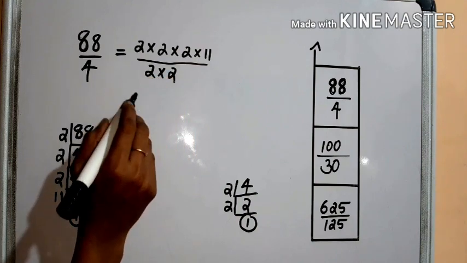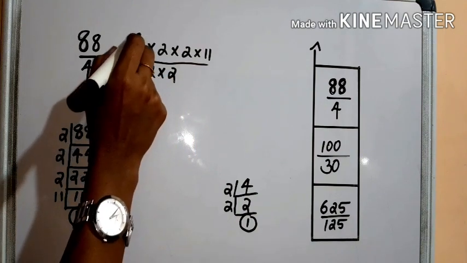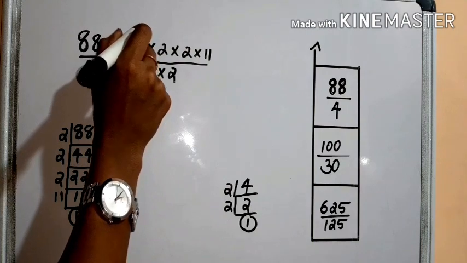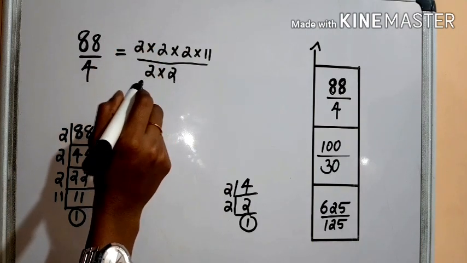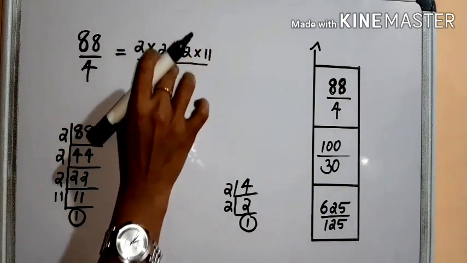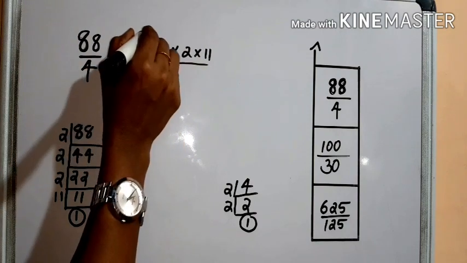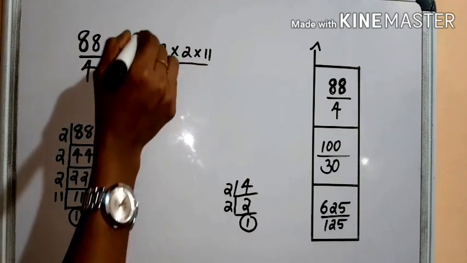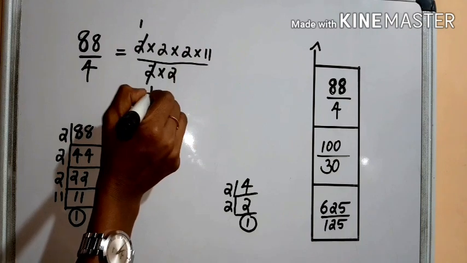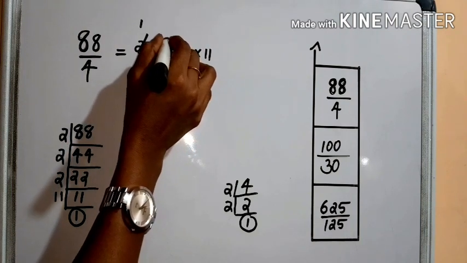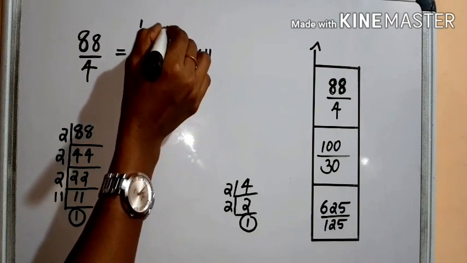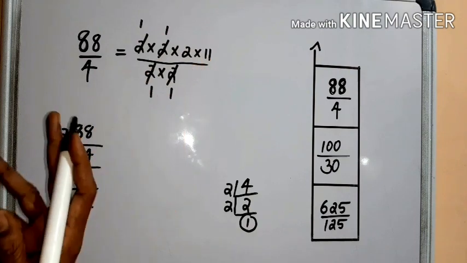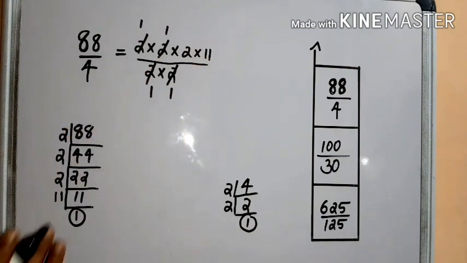Our next step, yes, cancel the common numbers or common factors from the numerator and the denominator. 2 by 2 is 1 by 1. Okay, next 2 by 2, 1 by 1. Common numbers over, right?